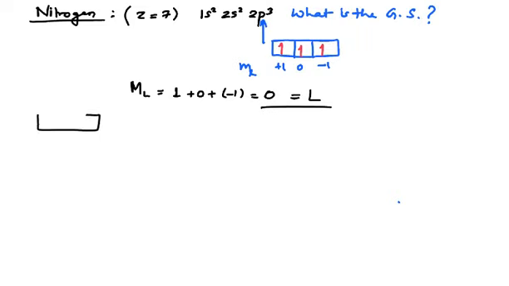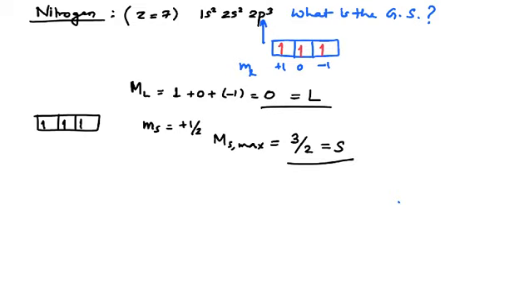And again, now look at these 3 electrons. All 3 will have Ms equals +1/2 spin. So the Ms max value would be 1/2 plus 1/2 plus 1/2, which is 3/2, so S. Okay, so L equals 0 and S equals 3/2 is the ground state for nitrogen.